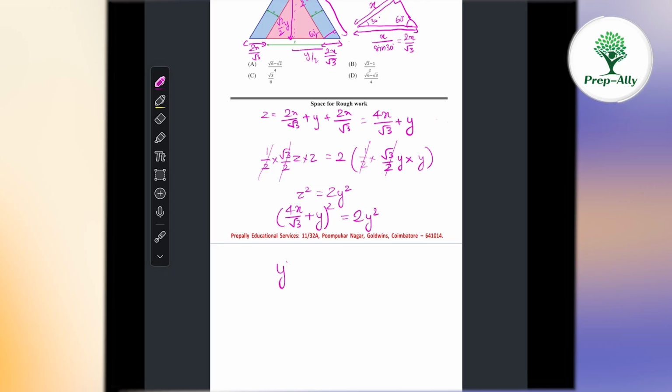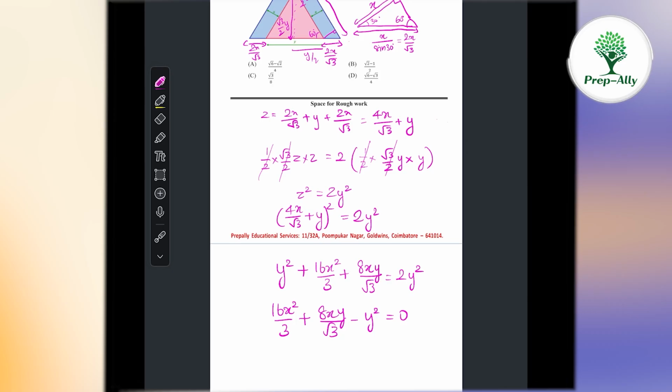And from here we have y squared plus 16x squared by 3 plus 8xy by root 3 equals 2y squared, right? Now let's bring the y squared this side. So we have 16x squared by 3 plus 8xy by root 3 minus y squared equals 0.